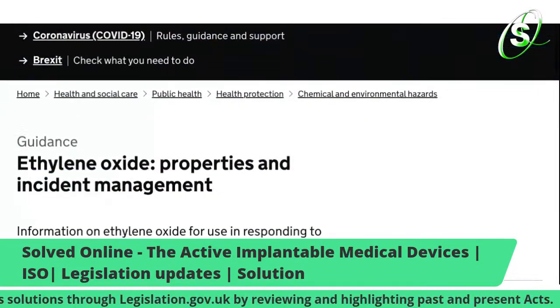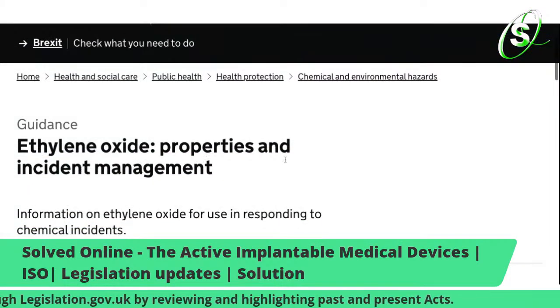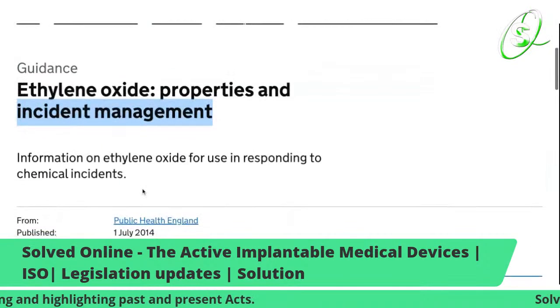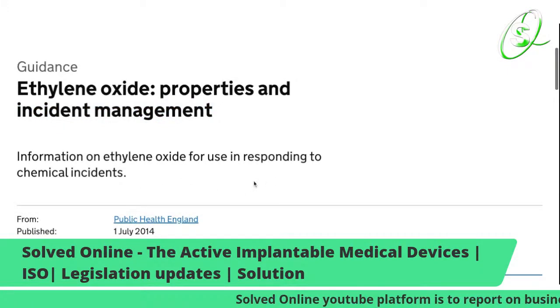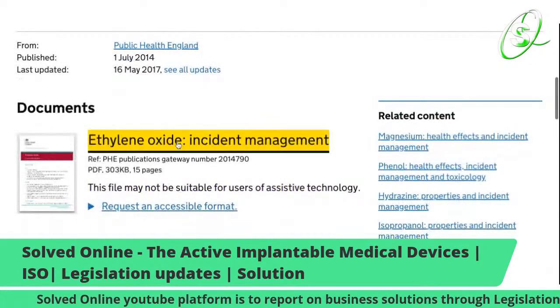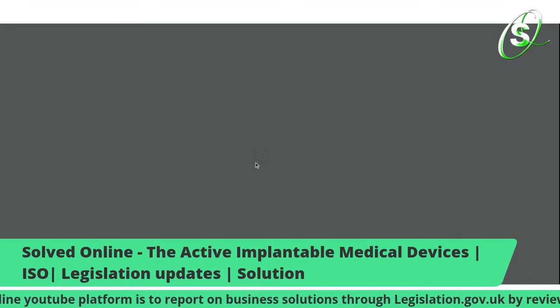As you can see, it shows the ethylene oxide properties and incident management, and information on ethylene oxide for use in responding to chemical incidents. So we're gonna click on that document.